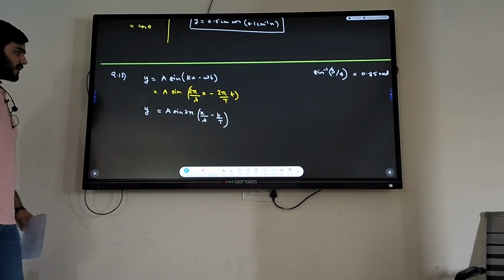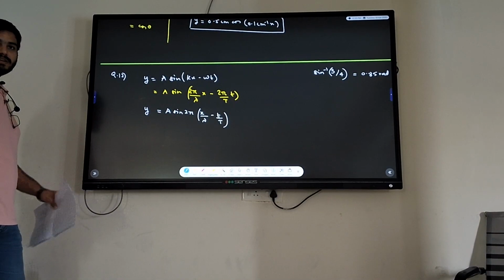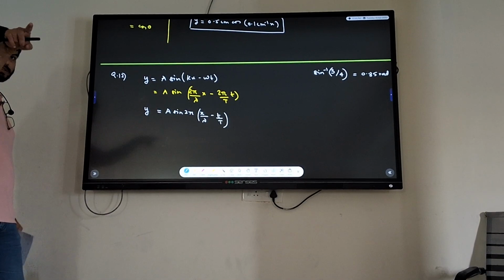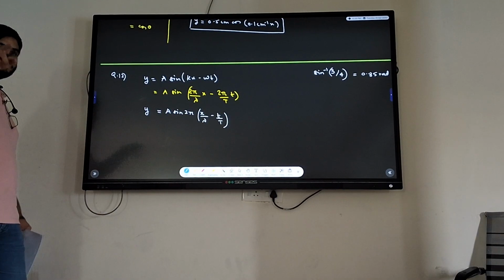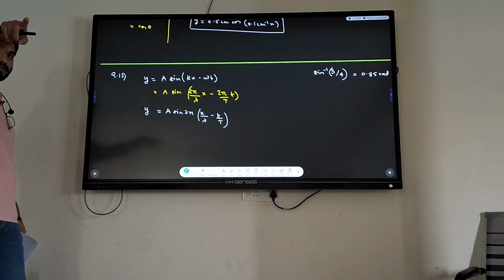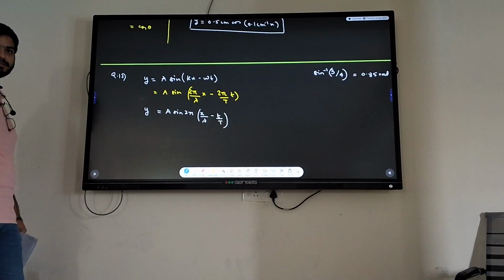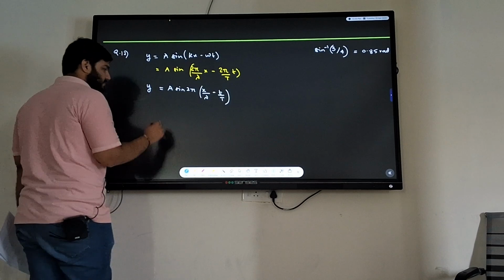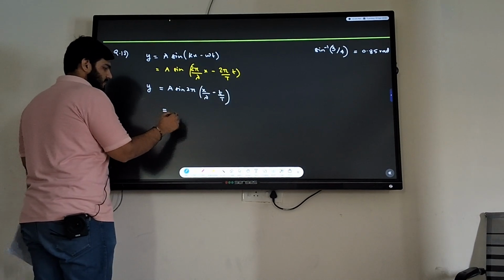So now some x and some y are mentioned. What is amplitude? Go and say at the last bench. What is A mentioned to be? A is 8, sir. 8, na?